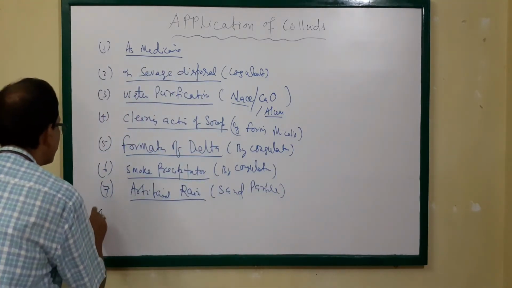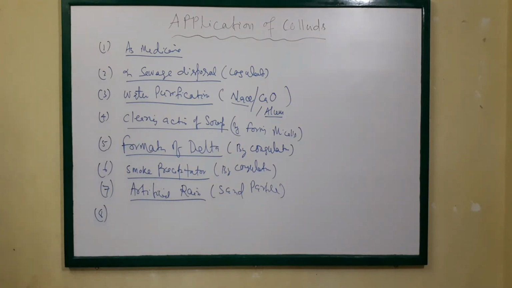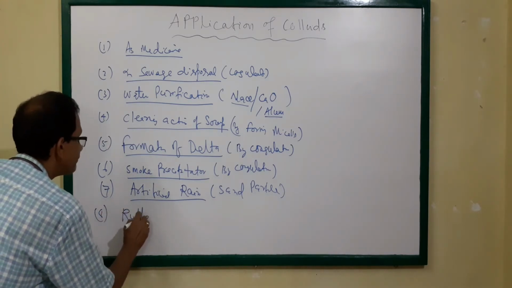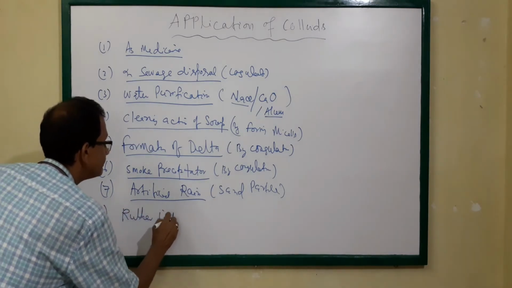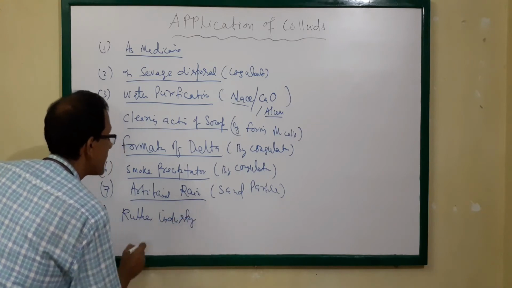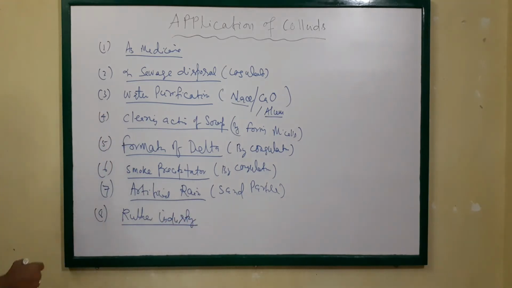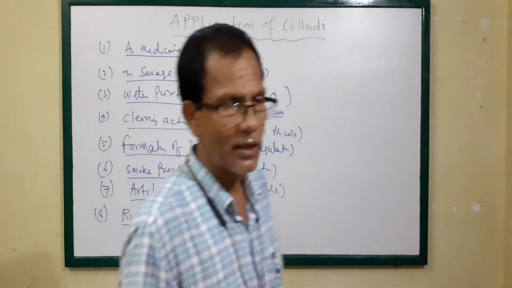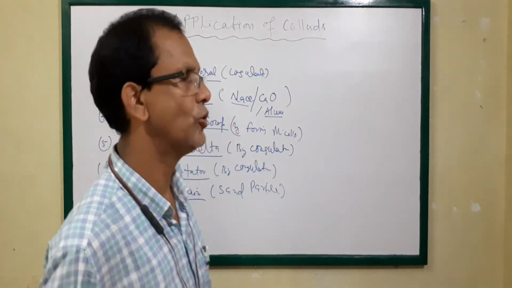Then the next application is the rubber industry. In the rubber industry, what happens? The latex produced from the rubber tree behaves as a colloid.